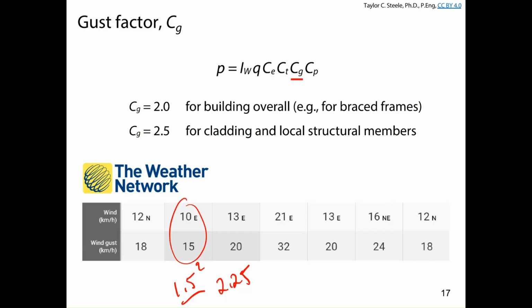That might seem weird, and certainly when you see it the first time, it seems weird. You say, well, why don't I just use 2.5 for the building overall? Why would we use a smaller value for the full structure compared to what we might use for a small localized part of the structure? Well, I might go back very quickly to this picture.